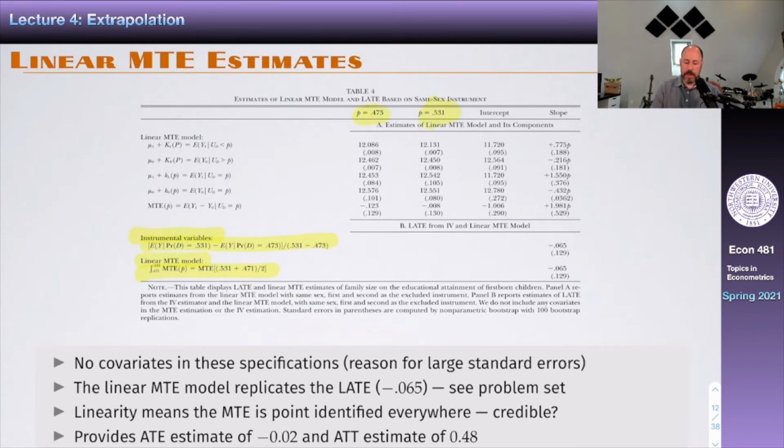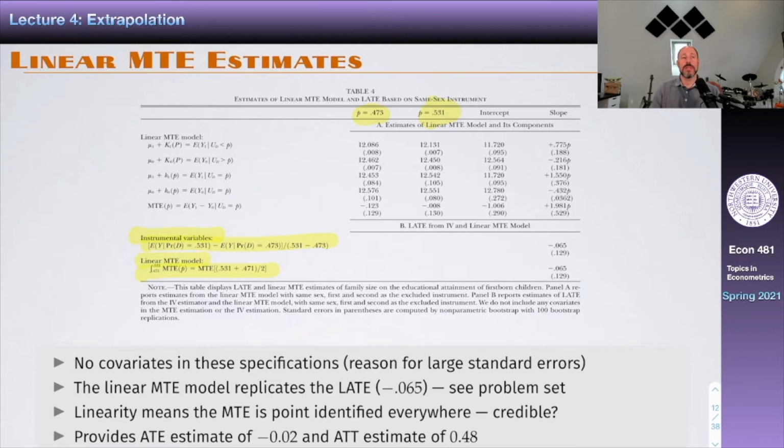Or you can just do it by an IV estimate or a Wald estimate. Not surprisingly, these two things are exactly numerically the same, because in the paper you can see that when you assume a linear marginal treatment effect, the representation of the LATE coincides with the IV that you have over here.